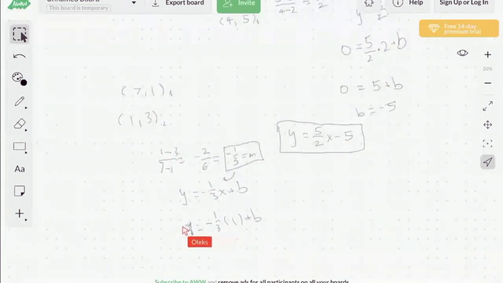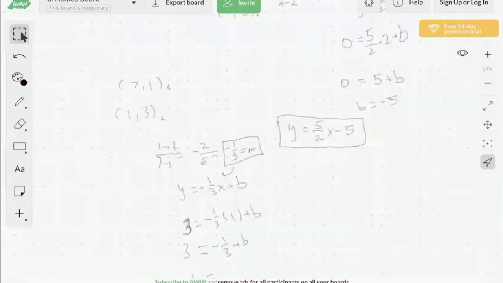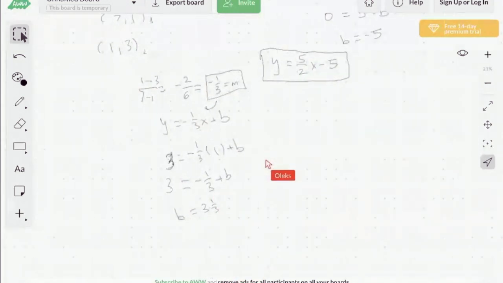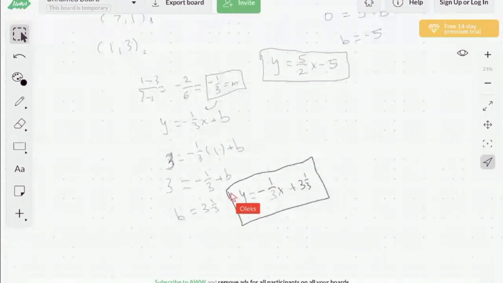So 3 is equal to negative 1/3. So let's simplify. 3 is equal to negative 1/3 times 1, which is just negative 1/3, plus b. b is equal to 3 and 1/3. And now we can write the equation. The equation is y equals negative 1/3 x plus 3 and 1/3. And so that is how we find the equation for a linear function knowing its 2 points.